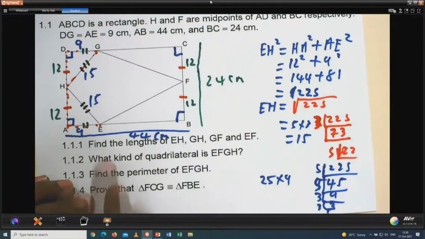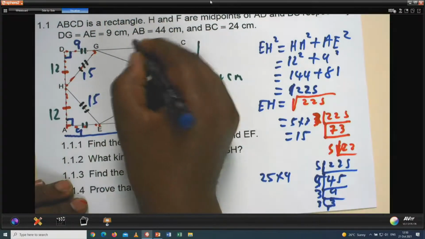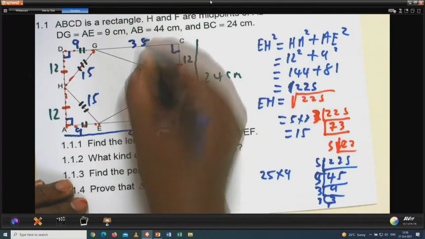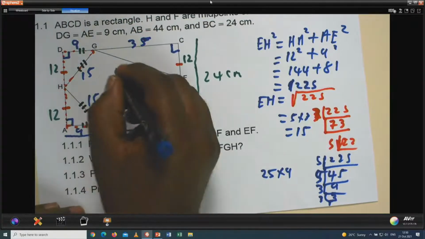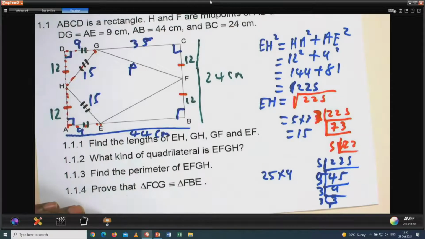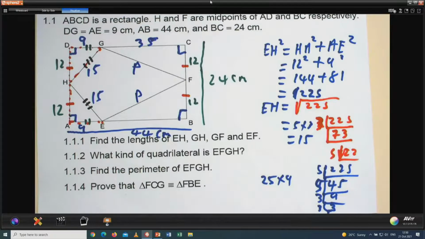This is 9. Let's make sure this is 9. Yeah, that's 35. In other words, you're still going to use your Pythagoras to calculate. And then if you find that side, you know this side.